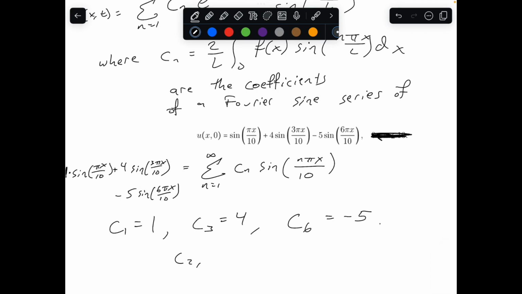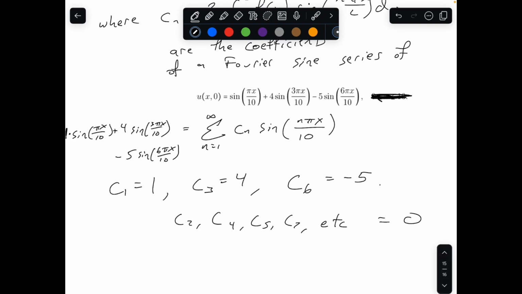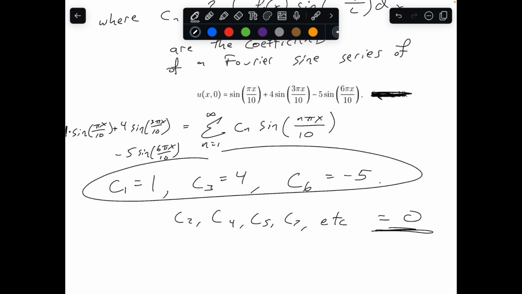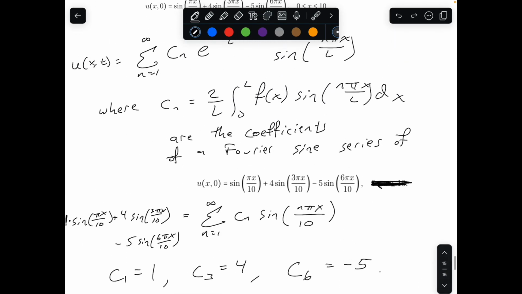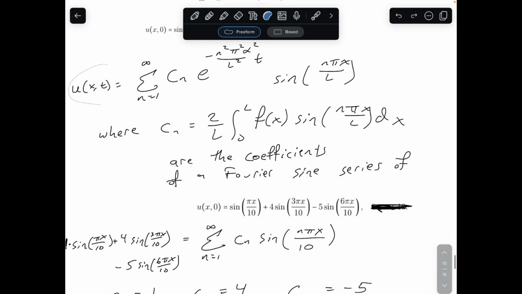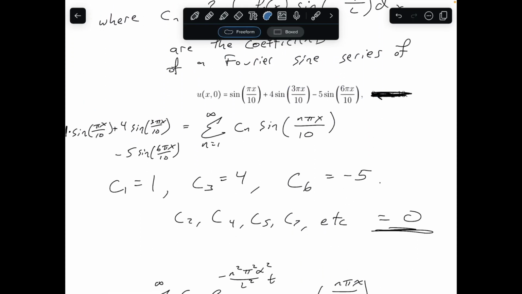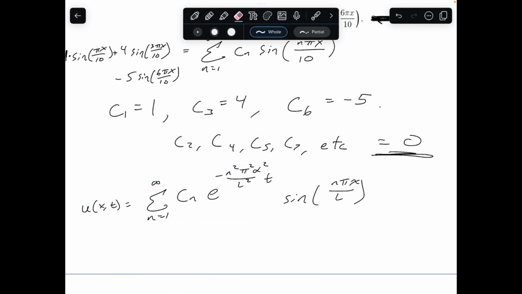And then there is no c0, and c2, c4, c5, c7, etc., all other cn's are equal to 0, right? So these are the only non-zero coefficients.